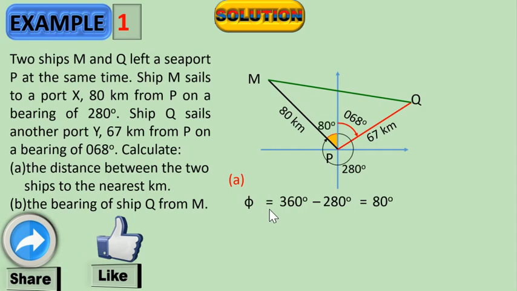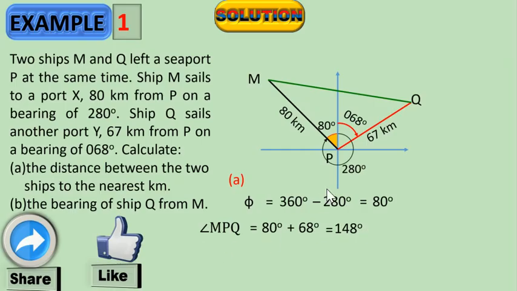So I've calculated the value of the angle represented by phi. It is 80. Now we need to find angle MPQ. MPQ should be the addition of 68 and 80. So MPQ equals 80 plus 68. If you add correctly, you will get 148 degrees. So that's the angle MPQ.